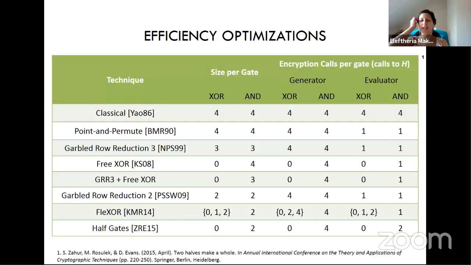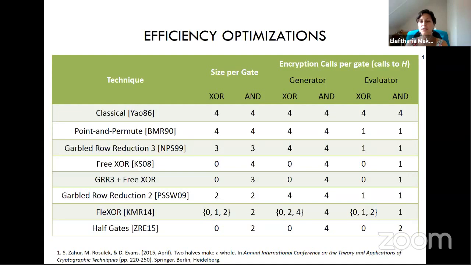And let me summarize now from a cost perspective the optimization I mentioned before. So I stay up to 2015 because these are the works that talk about Boolean garbling, and I will present the optimizations in the arithmetic garbling later on. So for every gate from classical garbling, we had to send 4 ciphertexts per XOR gate, as well as 4 ciphertexts per AND gate.